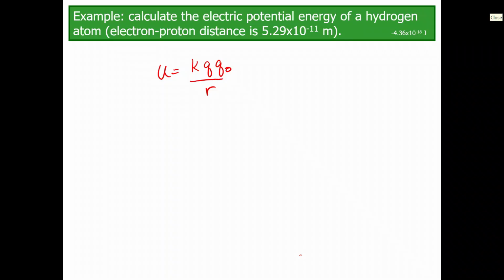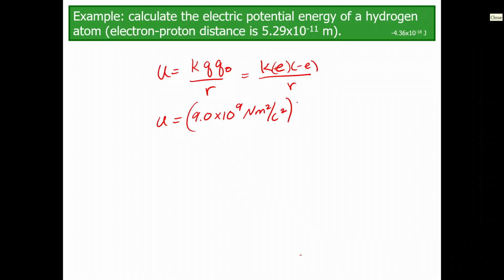And because these are both elementary particles, I can just use e for the proton, positive e, and a negative e for the electron, over the separation distance R. So our U is going to be 9.0 times 10 to the 9th newton meters squared per coulomb squared for Coulomb's constant.